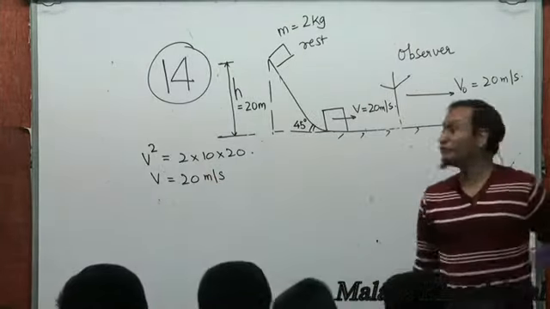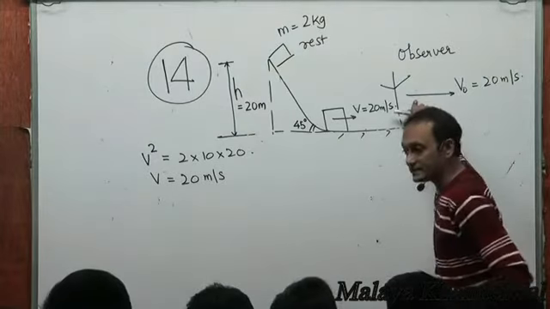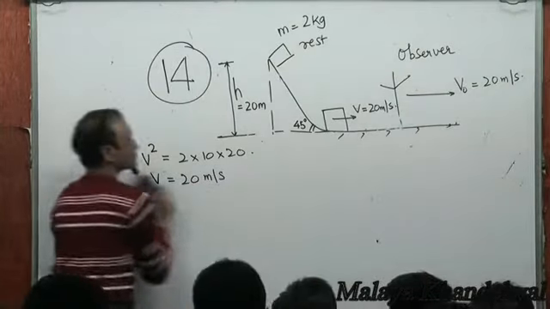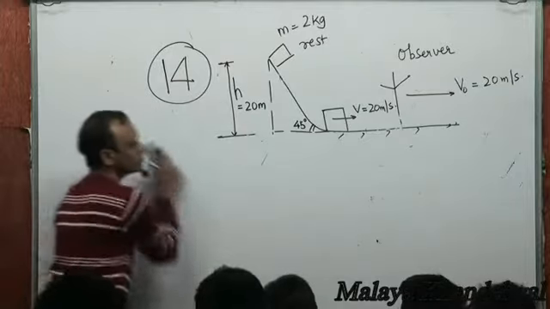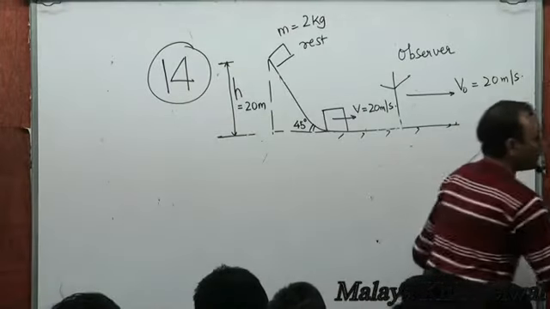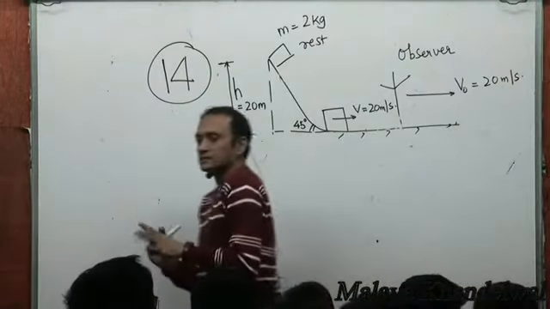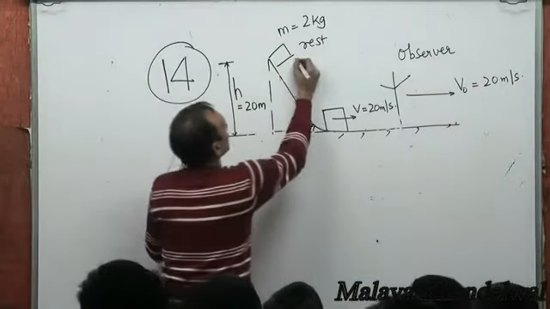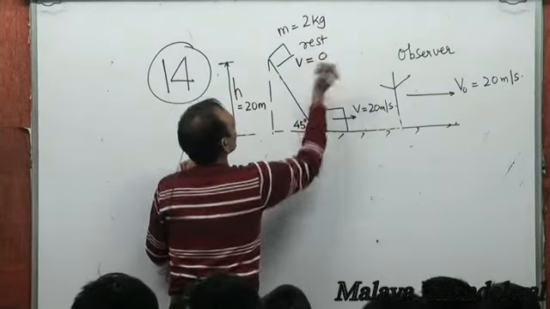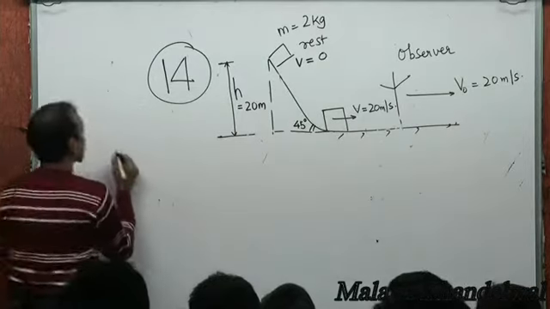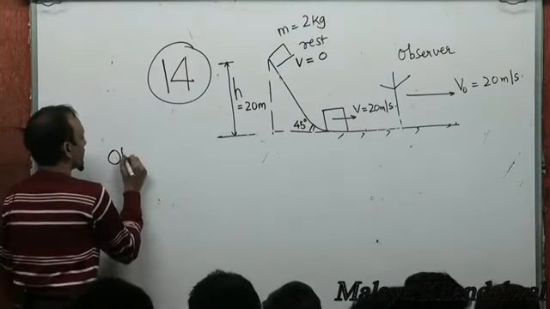Now, in a frame attached to the observer, this is v equal to 0. Now, observer's frame.